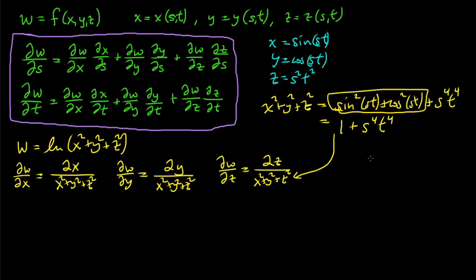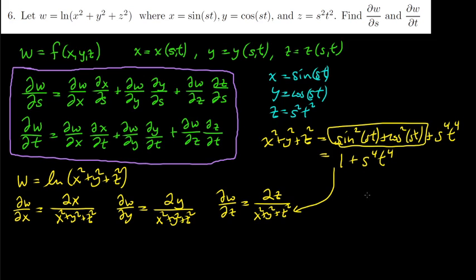And in fact, w is just the natural log of that. So at this stage, we don't need the chain rule for partial derivatives. We just use the ordinary chain rule from Calc 1. So the quick way of doing this, of course, is just to take the partial derivatives of this with respect to s and t.